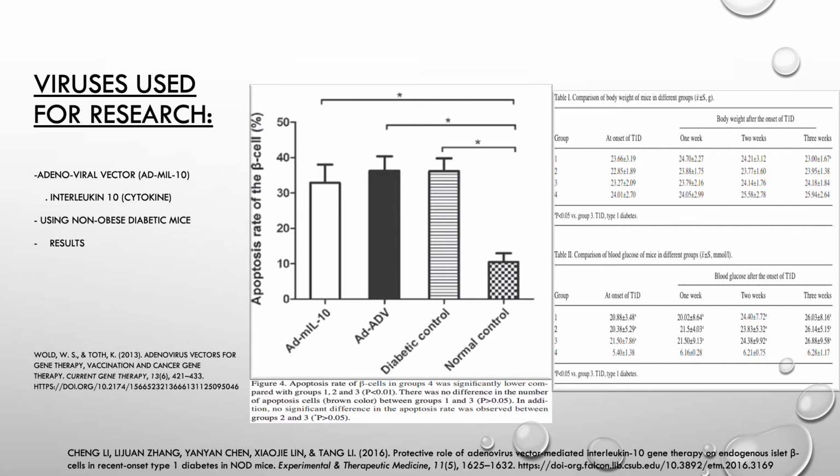For this study, the researchers were trying to figure out how the non-obese diabetic mice respond, and they evaluated the protective effect of ADMIL10, which stands for adenoviral vector mediated interleukin 10.